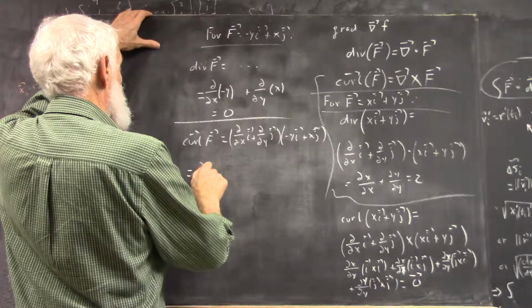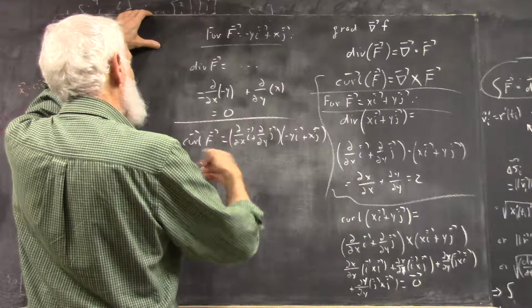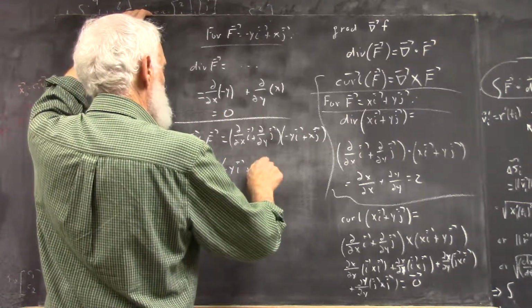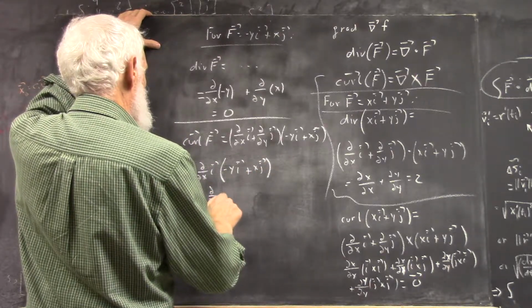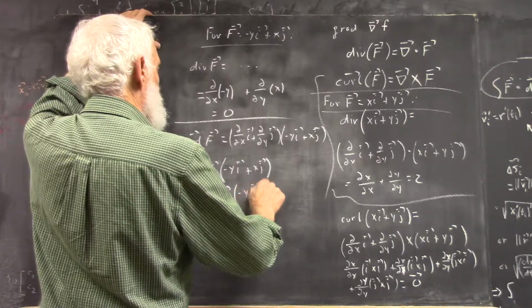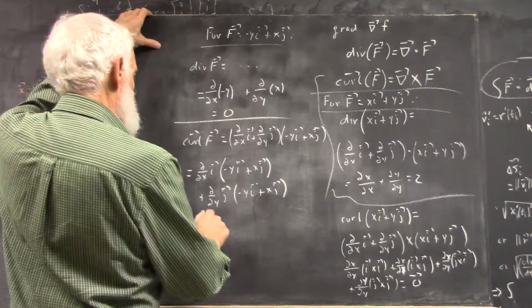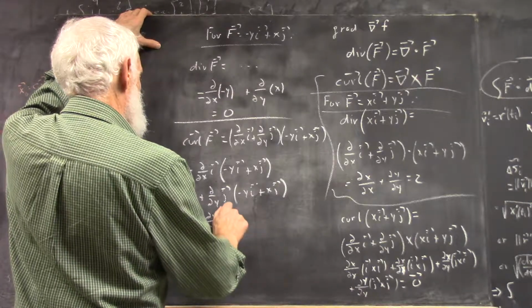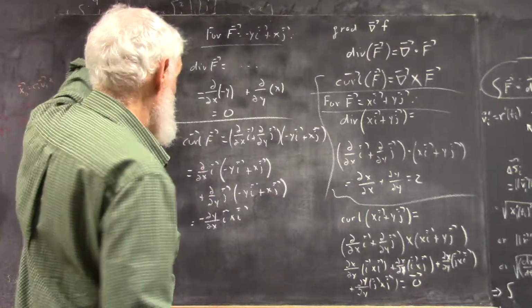So it's a partial with respect to x times i, operating on negative y i plus x j, plus a partial with respect to y times j, operating on negative y i plus x j. And that equals negative partial of y with respect to x times i cross i. Of course, we know that's going to be 0.